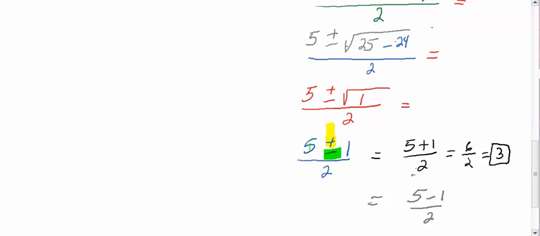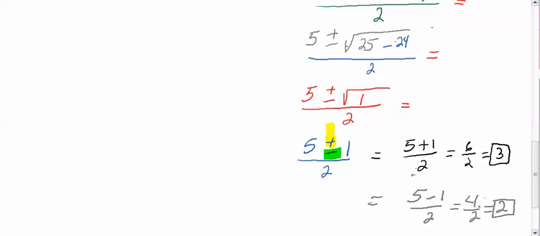So we set up two problems, 5 plus 1 over 2, and then 5 minus 1 over 2. So I've got 5 minus 1 is 4. 4 over 2, so 2 will go into 4 2 times. And I found my answer.